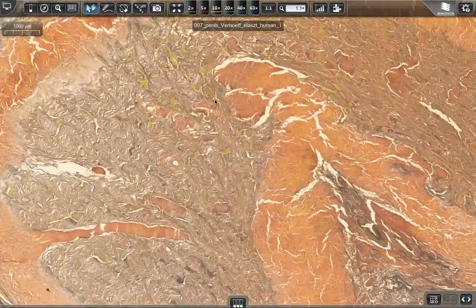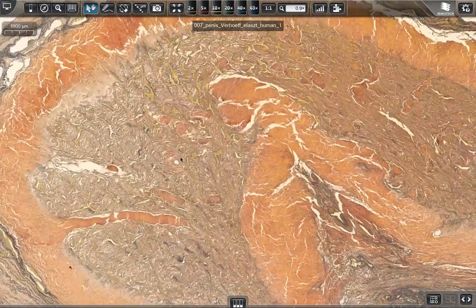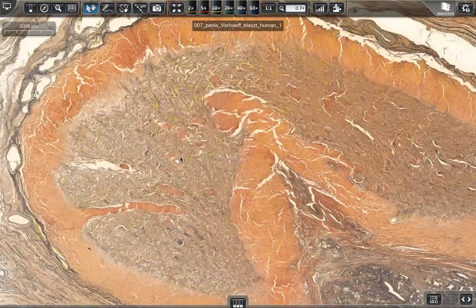Okay, then inside the corpora cavernosa, we have sinuses, vascular caves, able to receive the blood during the erection, causing the erected penis. And inside, almost in the middle, we can find the deep arteries, the lumens of the deep arteries.